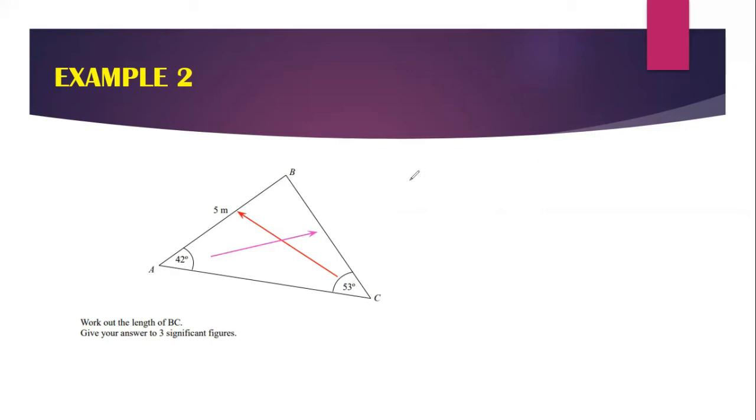For the sine rule, BC over sine 42 degrees equals 5 meter over sine 53 degrees, right?